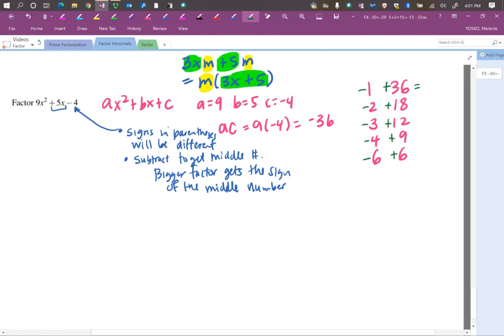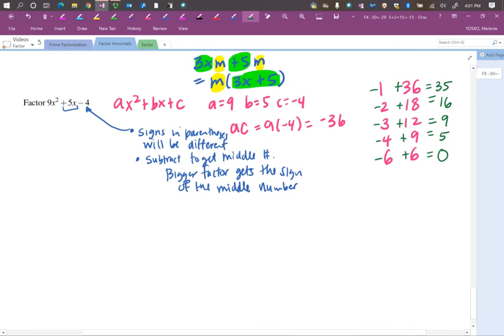So negative 1 plus 36, that's the same as 36 minus 1, that's 35. Negative 2 plus 18, 18 minus 2 is 16. Negative 3 plus 12, 12 minus 3 is 9. Negative 4 plus 9, 9 minus 4 is 5. And negative 6 plus 6 is 0. Okay, so then we're going to rewrite that middle term in terms of two pieces.